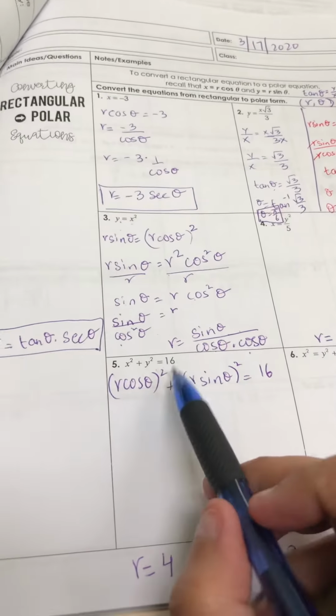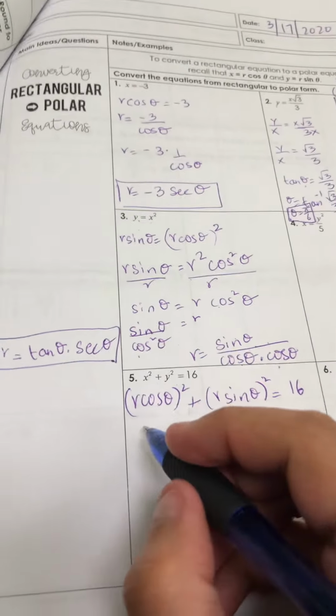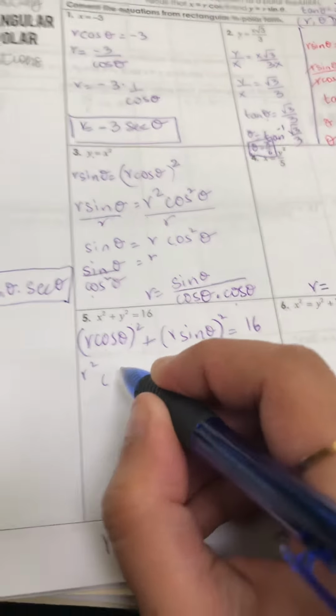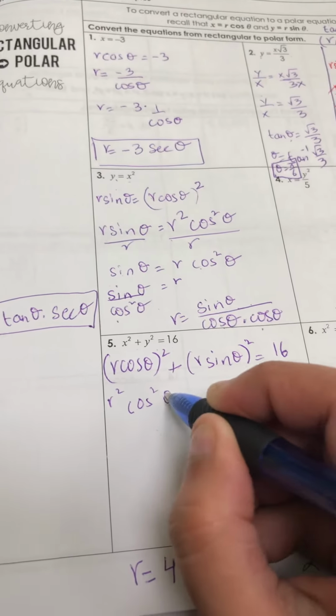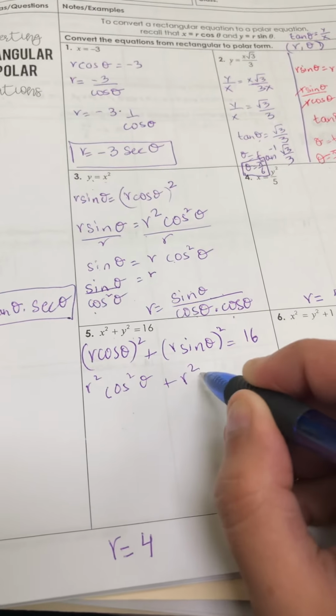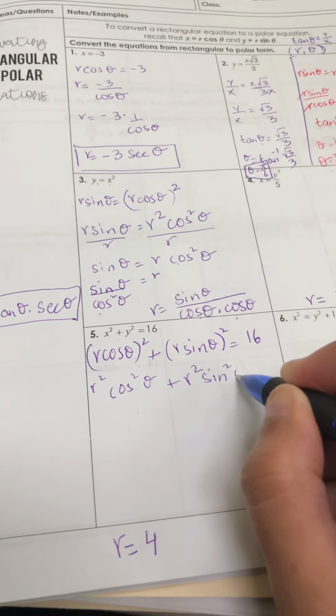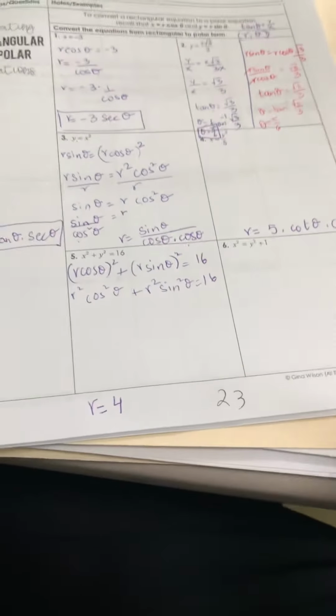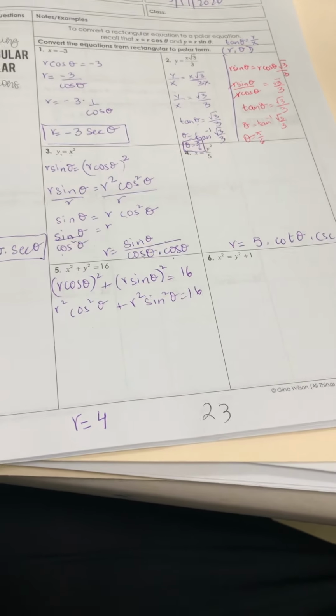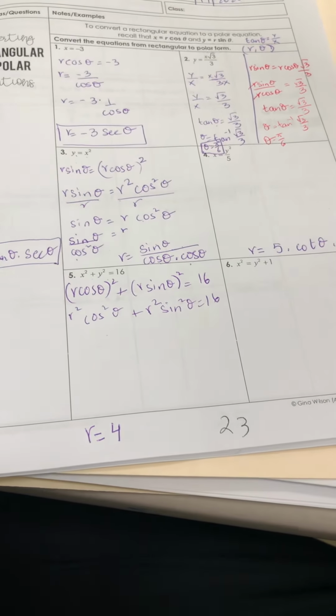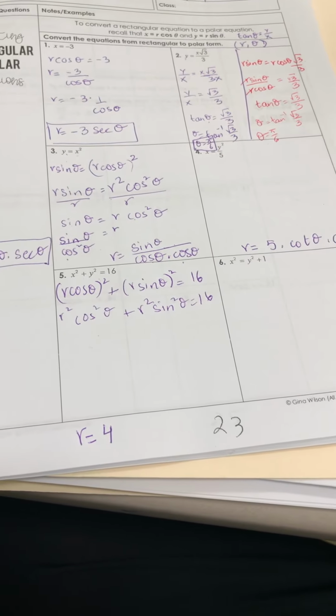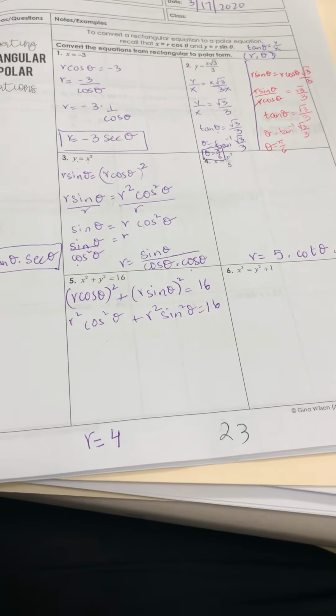Now this square applies to both. I get r squared cos squared theta plus r squared sine squared theta equals 16. We have to implement all our Pythagorean identities, our reciprocal identities.